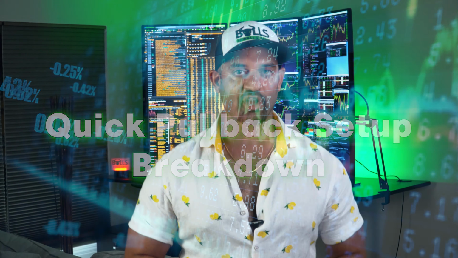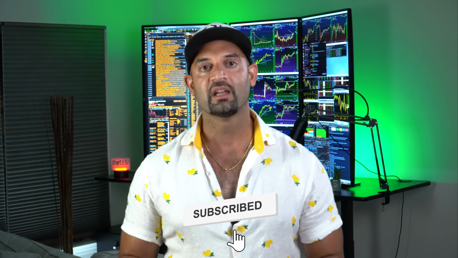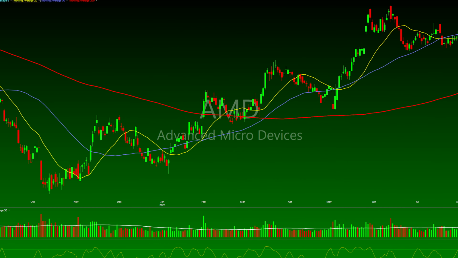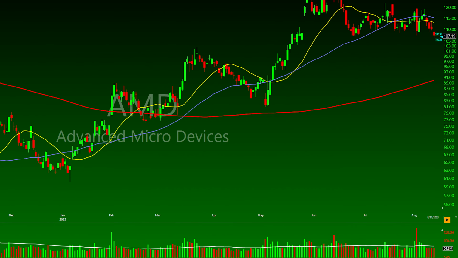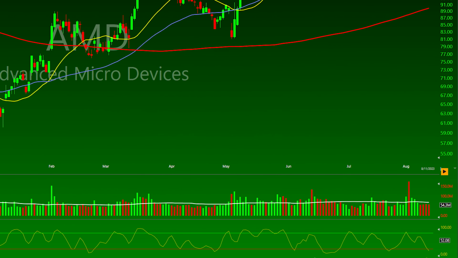A quick pullback setup is when you have a powerful thrust in a stock in the morning that is due to bounce based on its daily chart. So you can see with AMD, it had been down 5 days in a row, right into a big support zone, that 108 to 106 on its daily chart, and you can see the oversold stochastics on it.